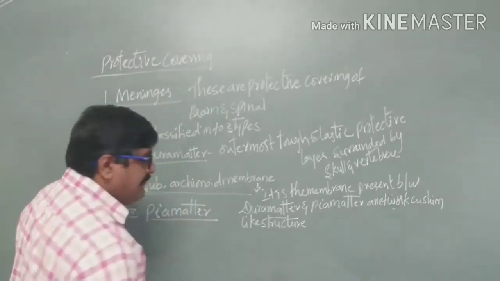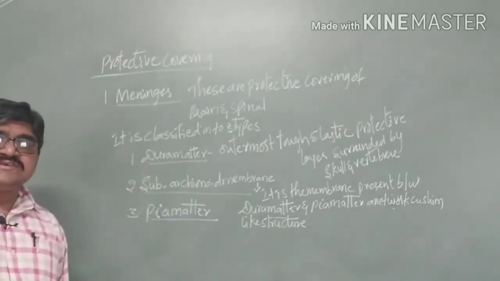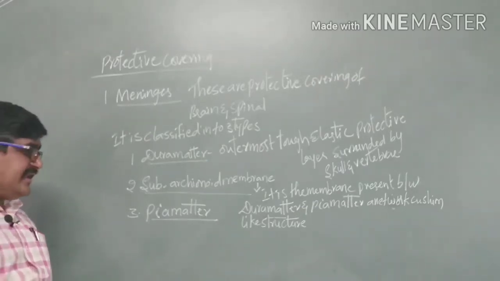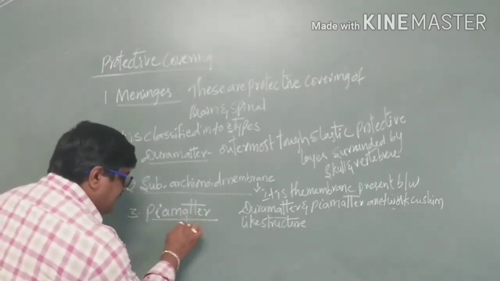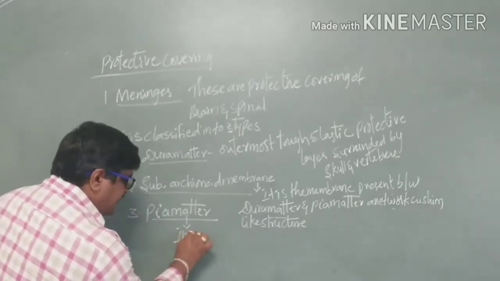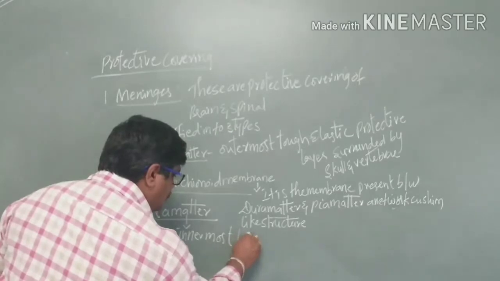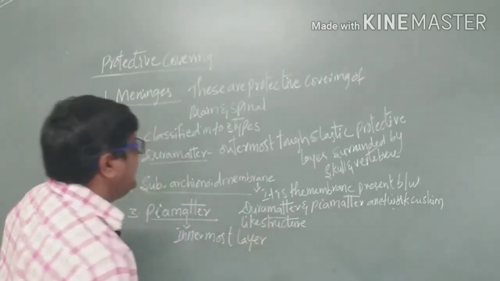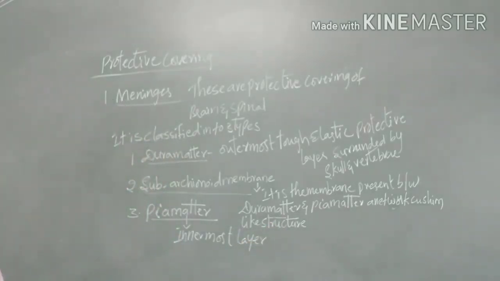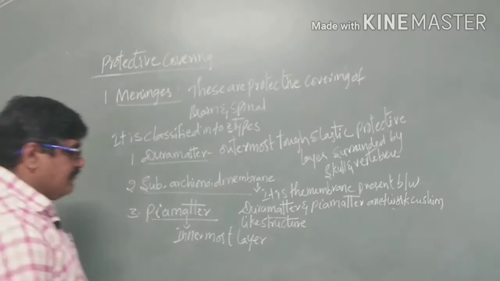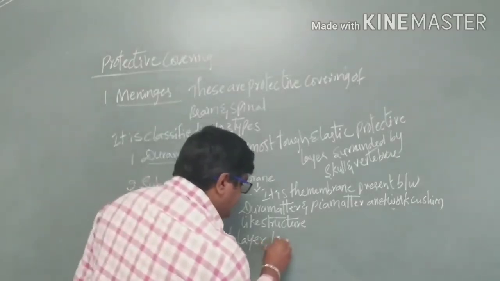Next, coming to the last one, the pia mater. It is the innermost layer, present in the brain as well as the spinal cord. It is a transparent, vascularized membrane.